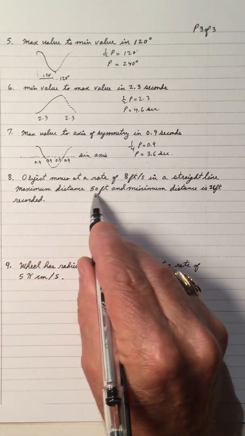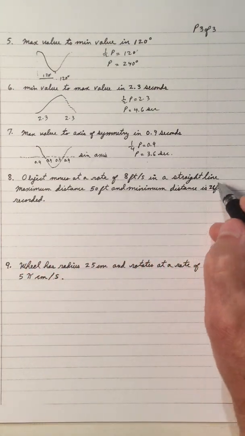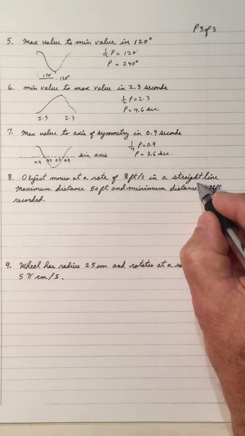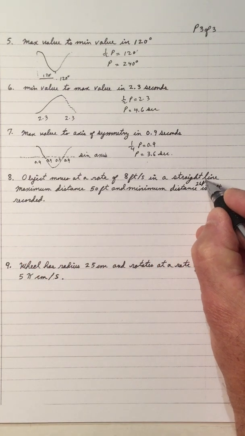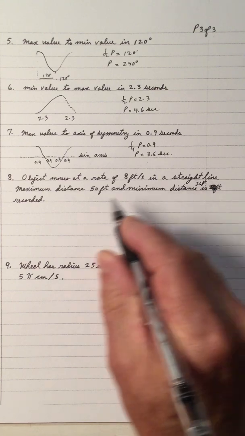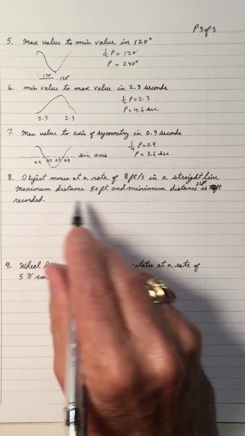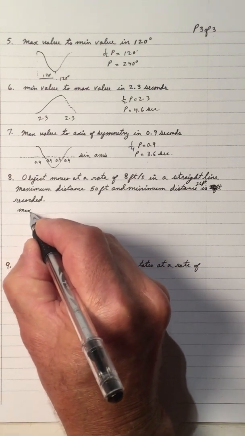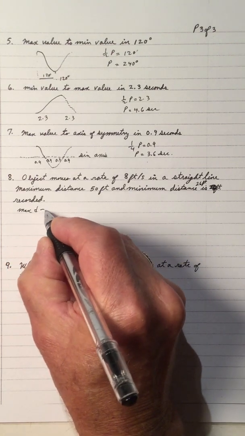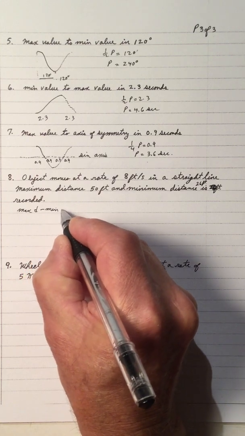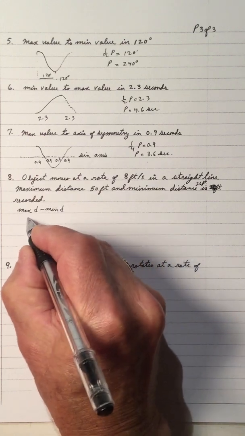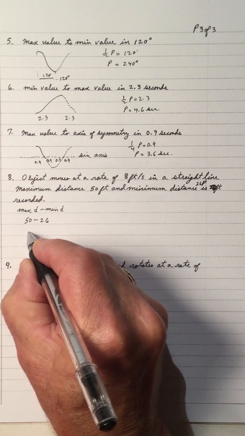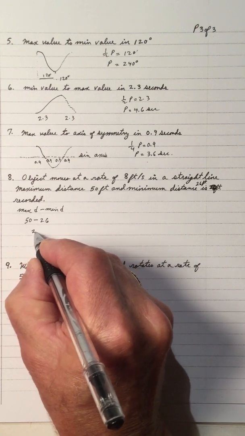The maximum distance is 50, the minimum distance is 26, and it says find the period. Well, the maximum distance minus the minimum distance is 50 minus 26. So that distance is 24 feet.